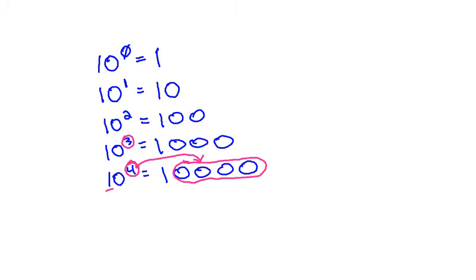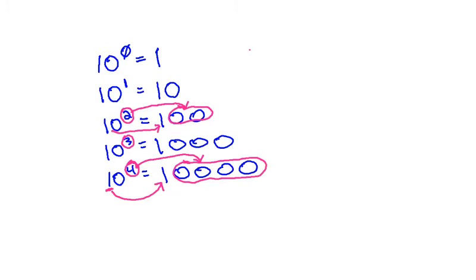And since you're dealing with 10, you just carry that 1 on over into the front. So let's look up here. 10 to the second power, that means there's going to be 2 zeros, and you just carry that 1 on over in front. So that's 100.